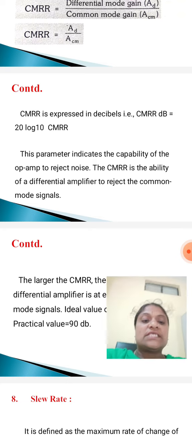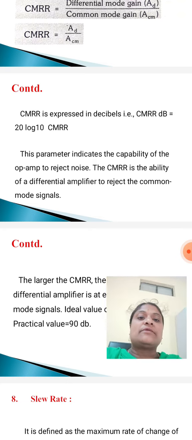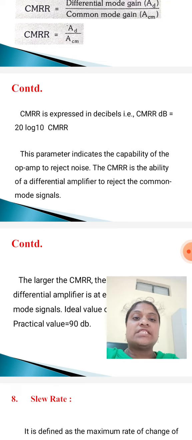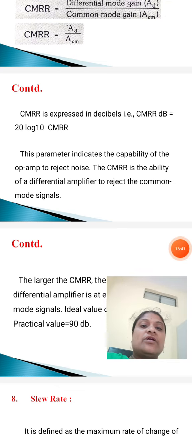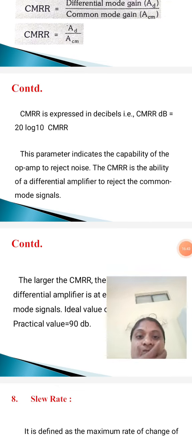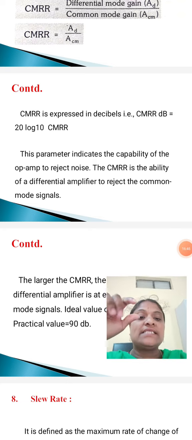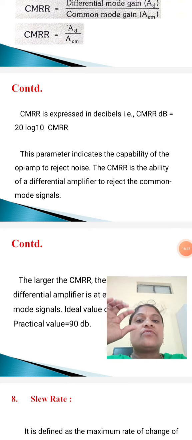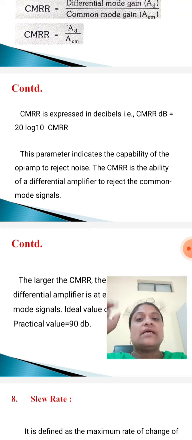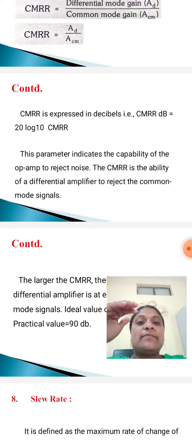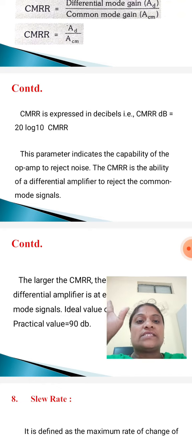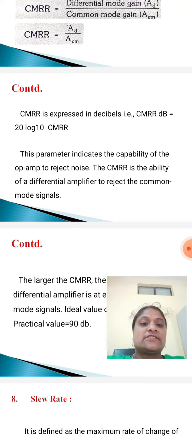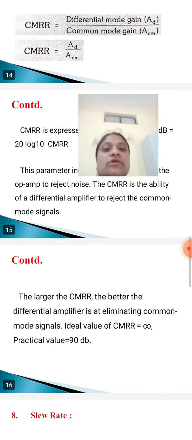This is the general formula, but CMRR is expressed in decibels. That is, CMRR in decibels is equal to 20 log 10 base 10 of AD by ACM. This parameter indicates the capability of the op-amp to reject noise. The CMRR is the ability of a differential amplifier to reject the common mode signals.